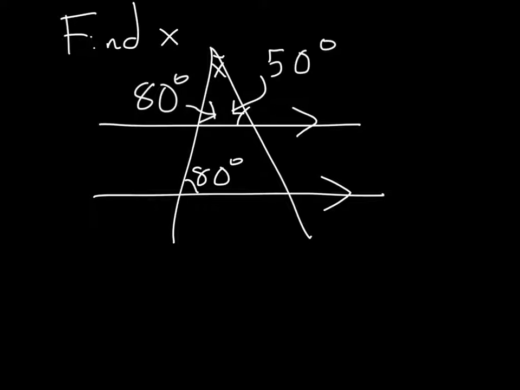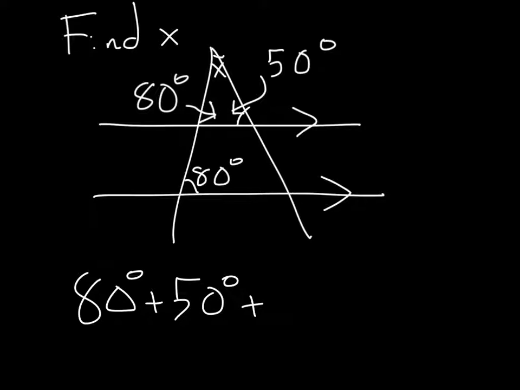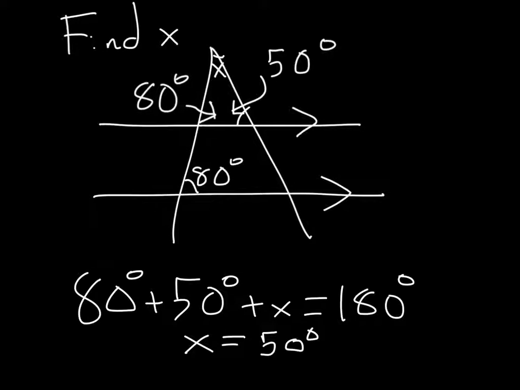So we have 80 degrees plus 50 degrees plus x has to be 180 degrees. And again, solving that, we can check that x is 50 degrees. And we're done.